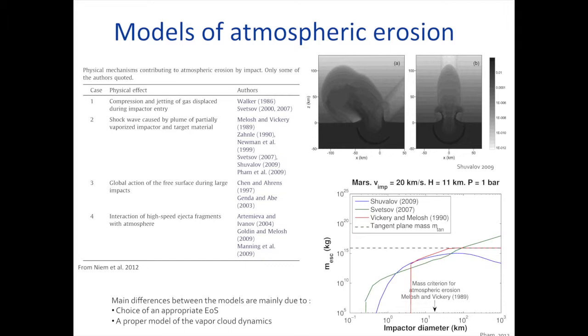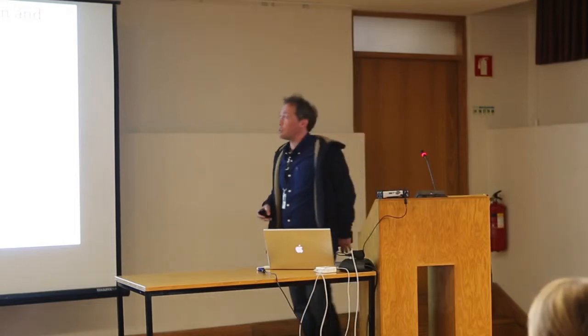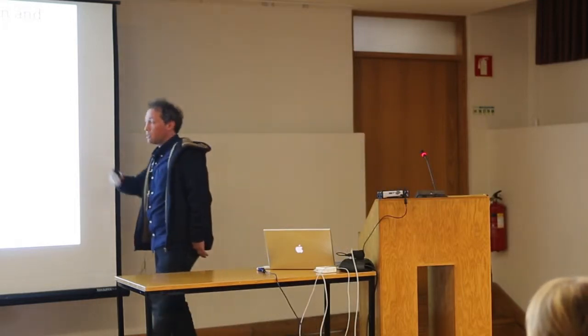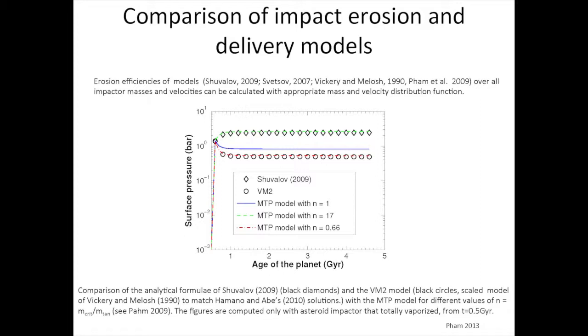Note that this axis is given in logarithmic scale. Then we can add this information in the equation that I showed and look for different models at what they can remove from or bring to Mars. And as I say, there are order of magnitude differences between different models.